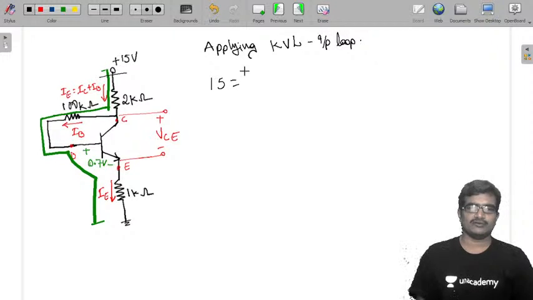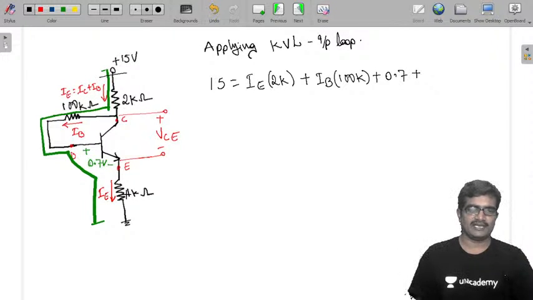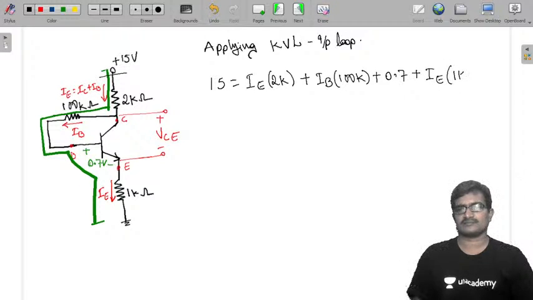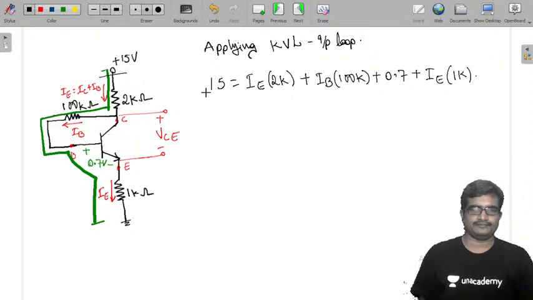15 volts equals IE into 2 kilo ohms plus 100k into IB plus 0.7 plus IE into 1k. Now we can take IE as 1 plus beta times IB.